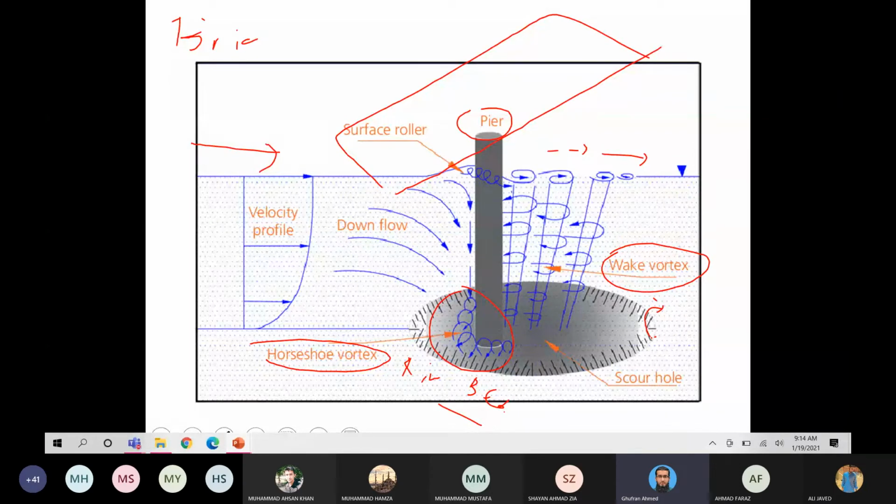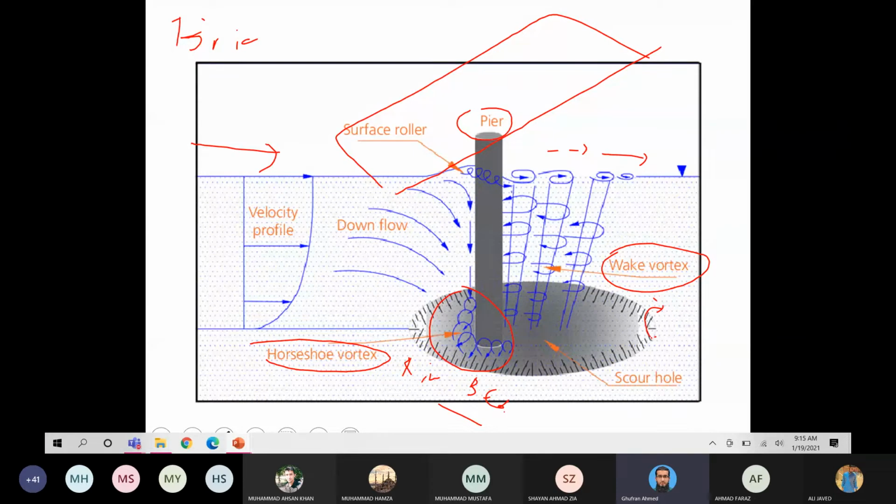So the two important phenomena related to sediment transport in terms of fluid mechanics are scouring and erosion. Erosion of river banks and scouring of a bridge pier. The meaning of both terms is more or less the same, but they are a bit different.